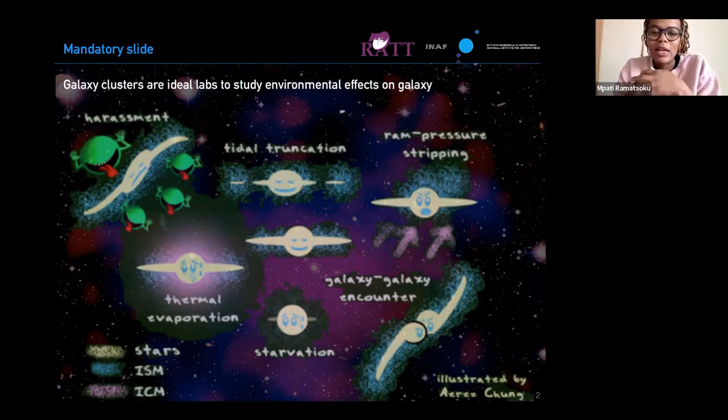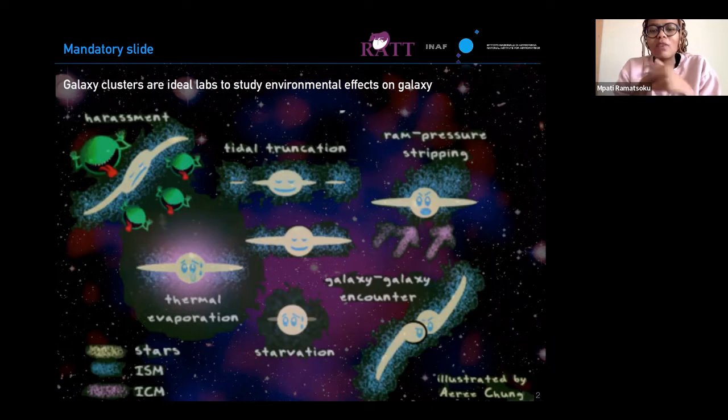You have the central parts, which host the BCG, and the hot intra-cluster medium, the hot plasma, called the ICM. You have subgroups falling in where galaxies tend to interact via gravitational interactions.